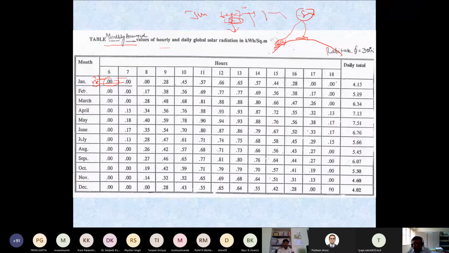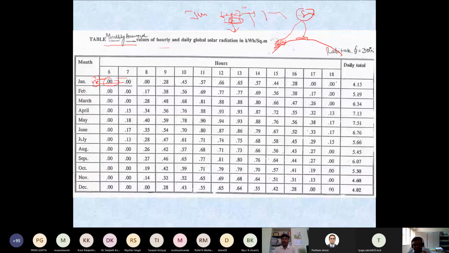So they again average the values taken for all 31 days in the month of January, for each of the 10 hours or whatever sun hours there are.